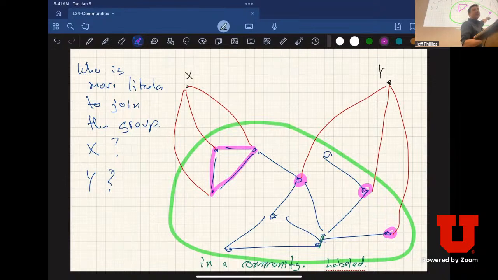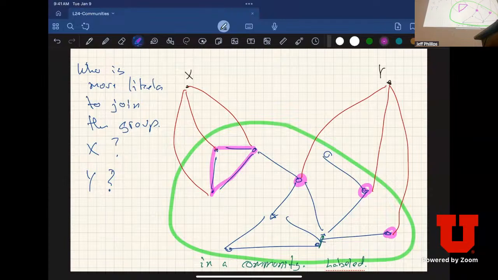There are no edges connecting those in Y's case. And before we could collect real data on large scale groups, we couldn't really answer this question. Who is more likely to join the group?